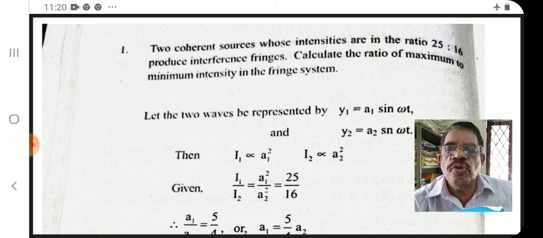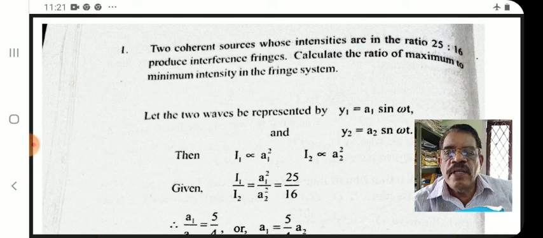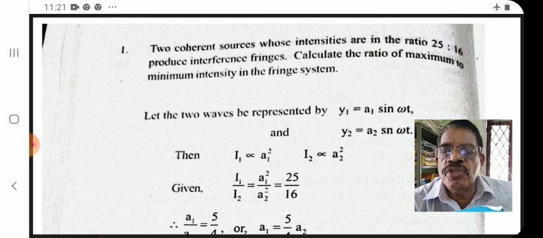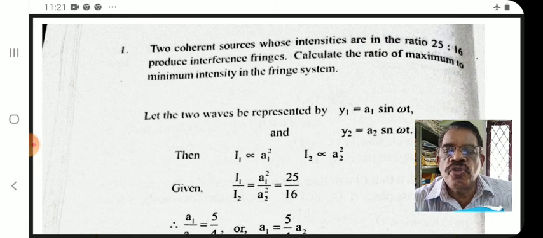We know I is proportional to a square. So first source intensity I1 is proportional to a1 square. Second source intensity I2 is proportional to a2 square. So we divide I1 by I2. That is the ratio a1 square by a2 square. That is given in the question. The ratio of source intensities is given in the question, 25:16.